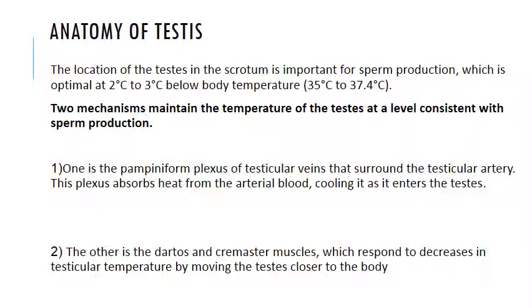The two major mechanisms that the testis adopts in order to maintain consistent levels of sperm production and also to escape the alterations in temperature are: one is presence of pampiniform plexus of veins, through which the flow of blood in those veins, the heat of arterial blood is absorbed.